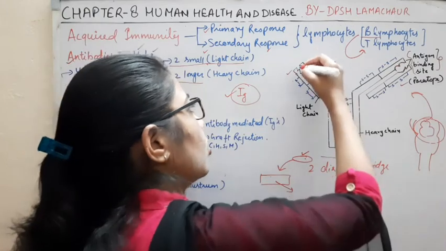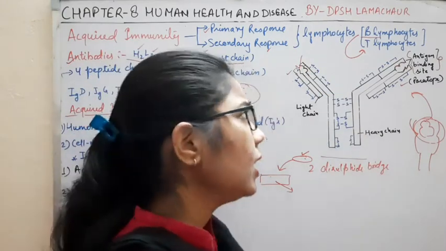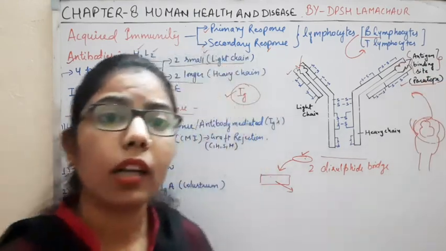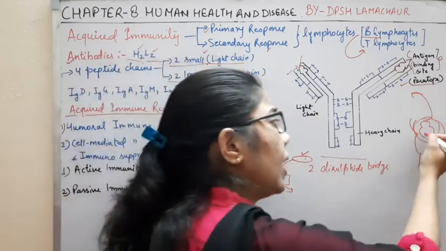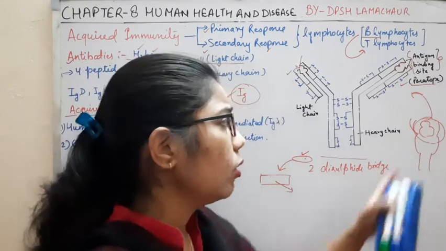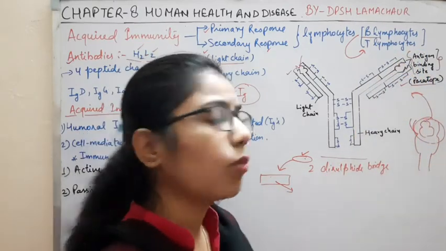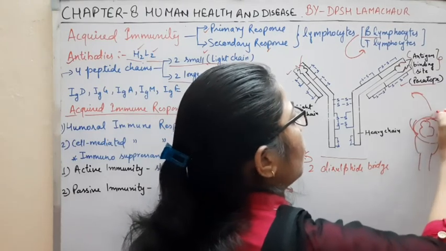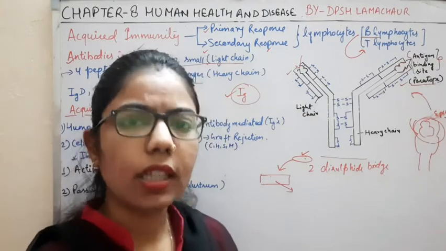These antigen binding sites are known as the paratope. And that part of the antigen which binds with this antibody is known as the epitope. So this is the epitope and that one is the paratope.